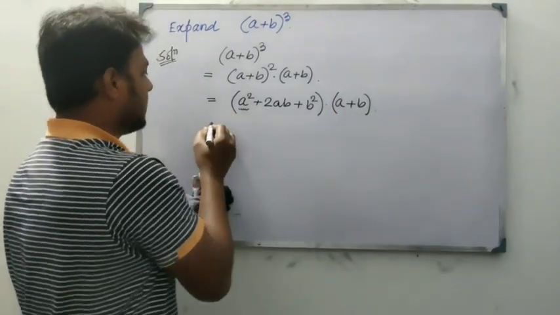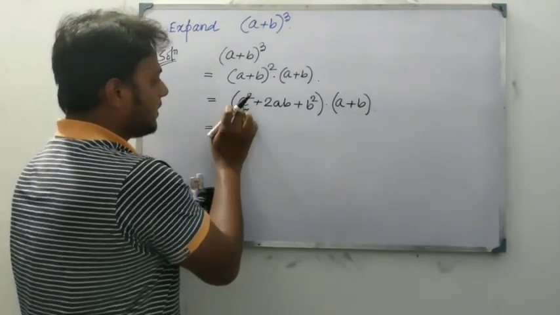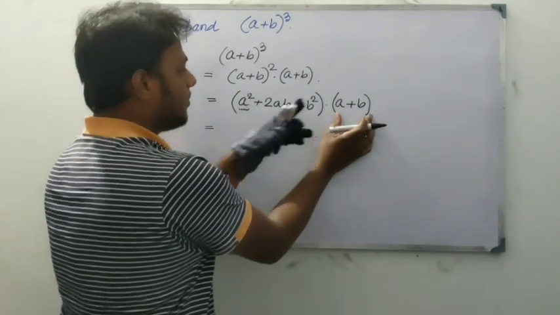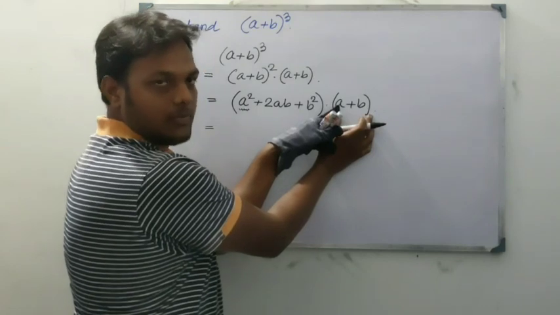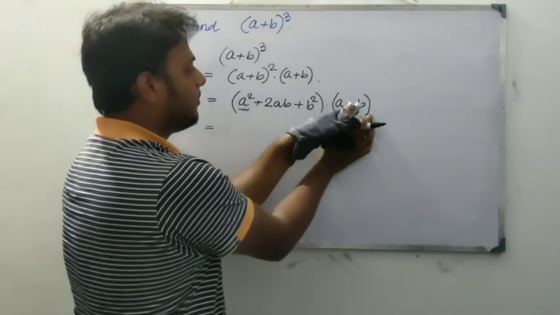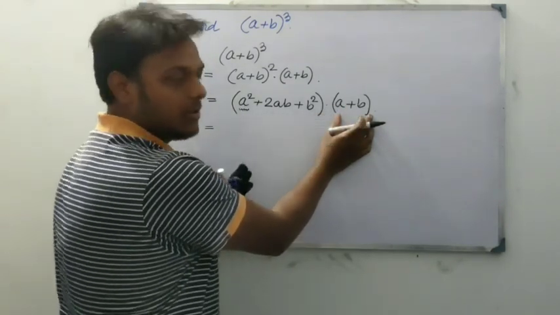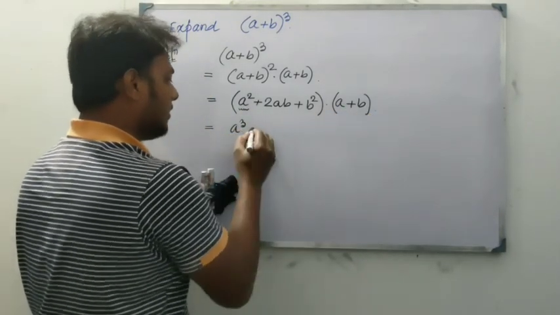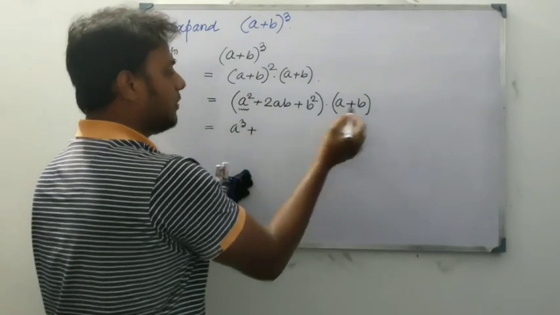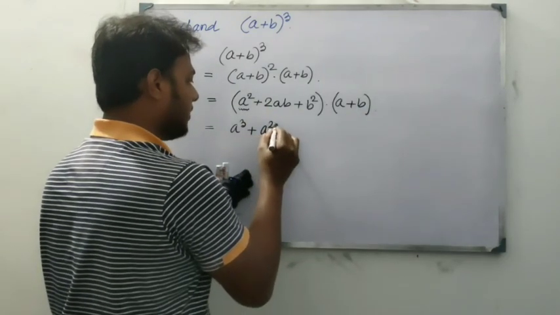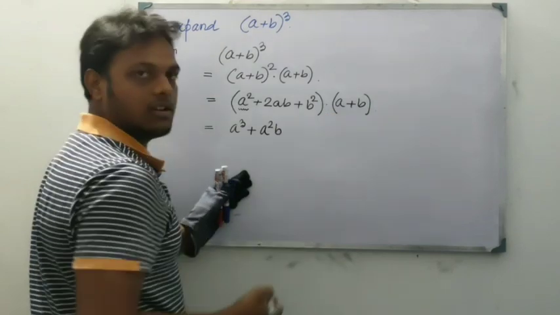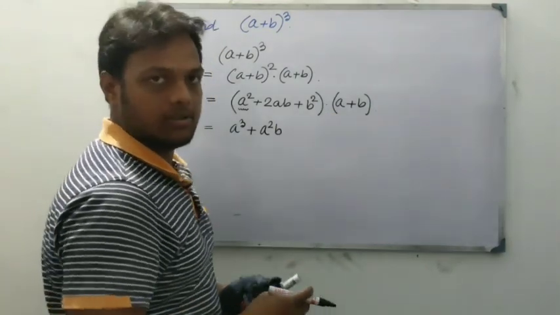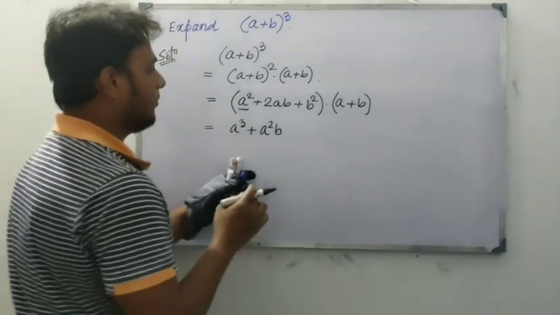So first, a square with (a + b): a square into a will be a cube, and a square into b will be a square b. Since these two are different variables, we can't multiply these two. We have to keep it in this form.